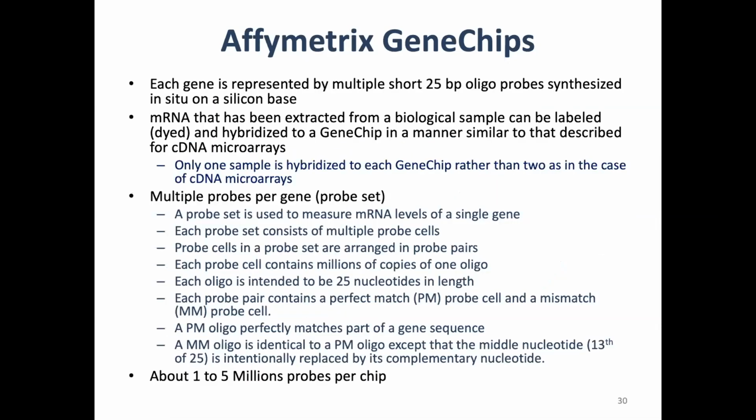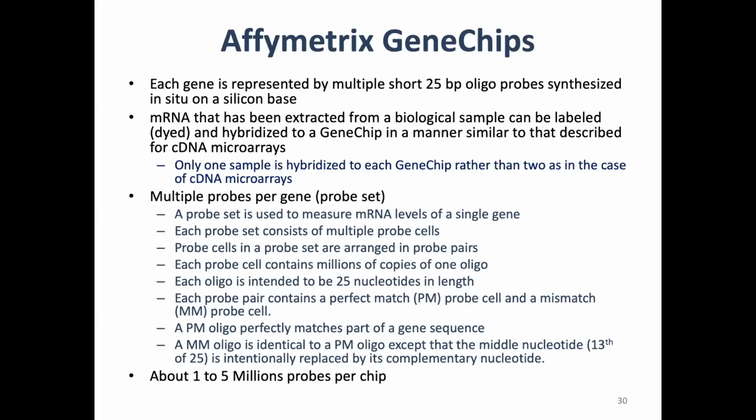In the Affymetrix gene chip, each gene is represented by multiple short 25 base oligo probes synthesized in situ on a silicon base. mRNA that has been extracted from the biological samples can be labeled, dyed, and hybridized onto a gene chip in a manner similar to that described for cDNA microarray.